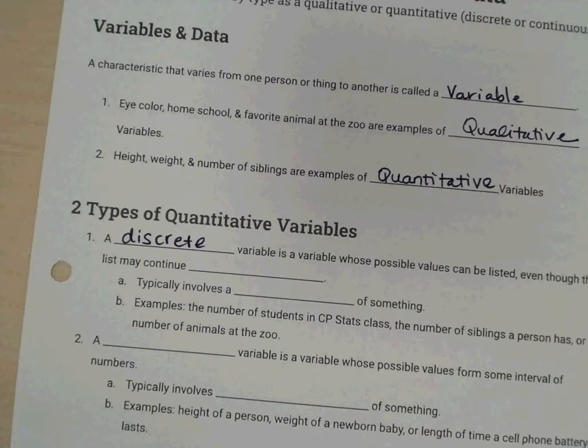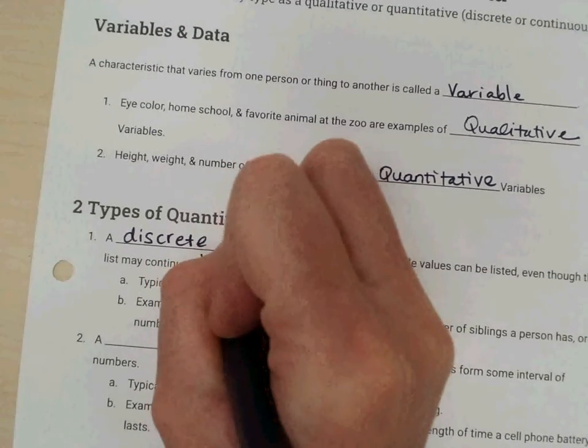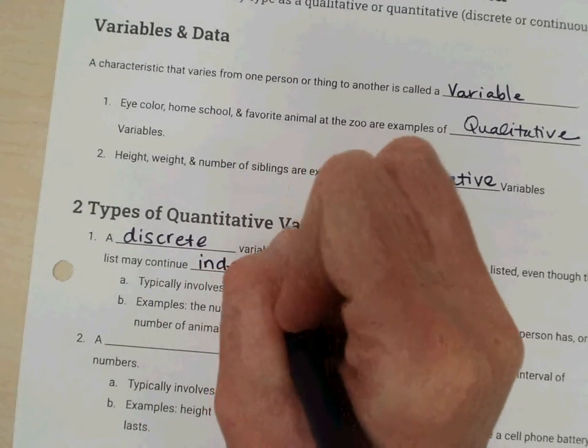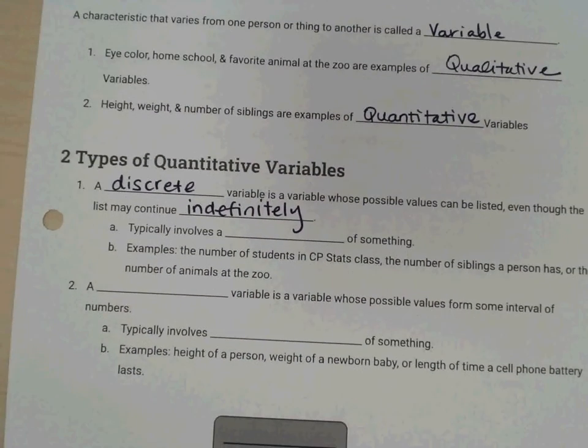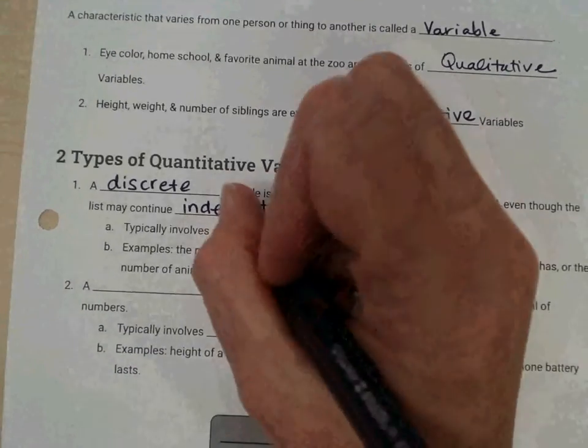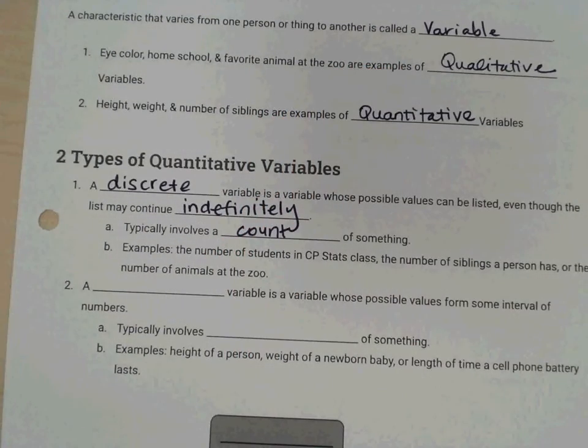A discrete variable is a variable whose possible values can be listed even though the list may continue indefinitely. It typically involves a count of something. So if you can count it, it's discrete.